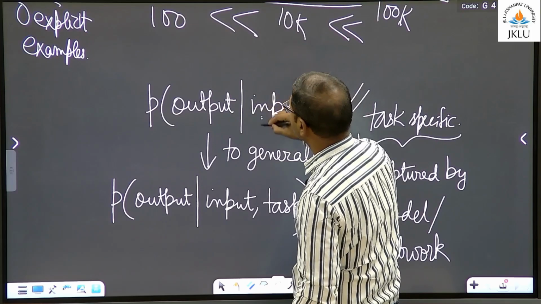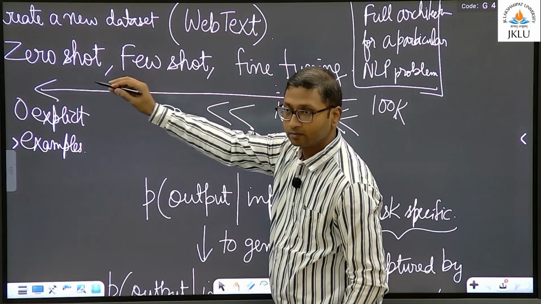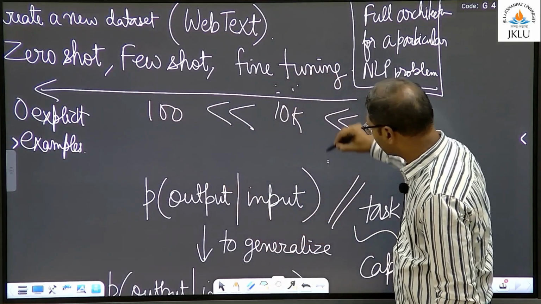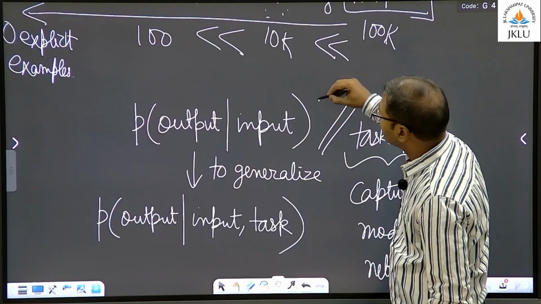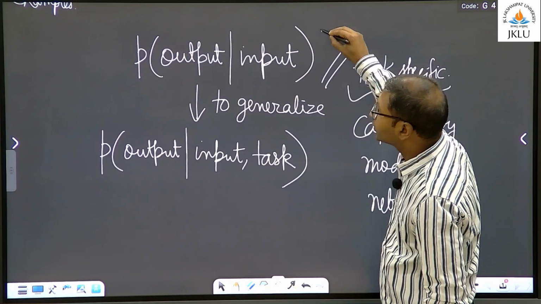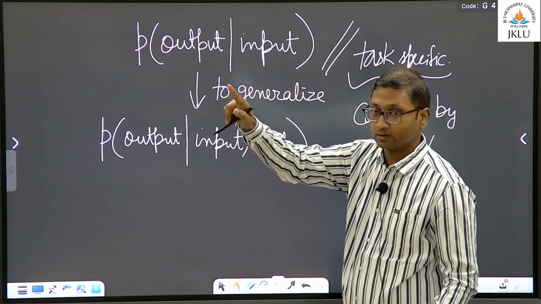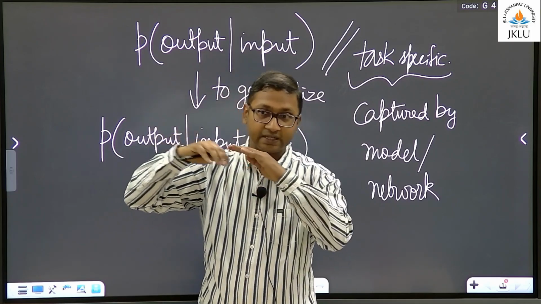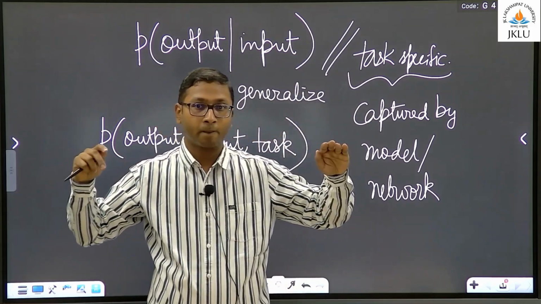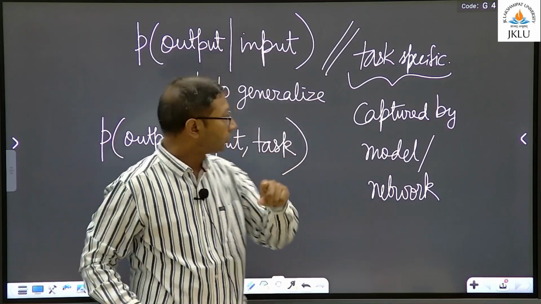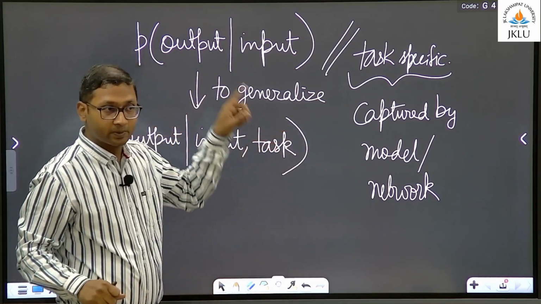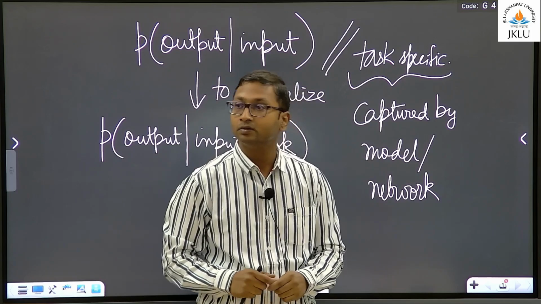We are saying this is the direction we want to take, okay, and right now we are saying the current models are not able to generalize well across tasks. See, there can be generalizations at multiple levels. When we talk about generalization of a summarization task, what do we mean?